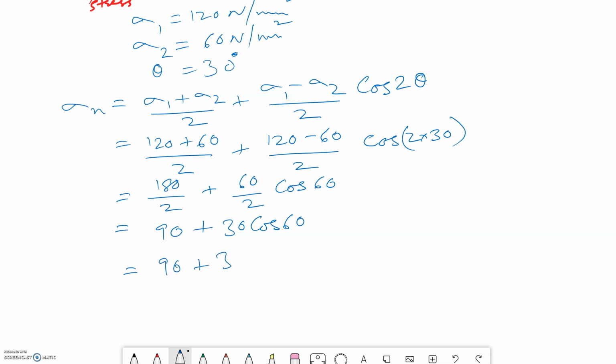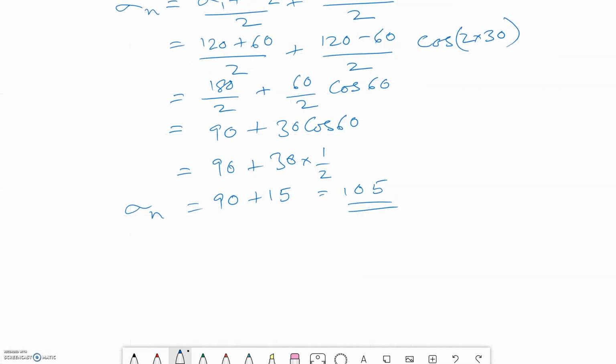Cos 60 is 1 by 2. So you get 90 plus 15, 105. This is sigma n, 105 Newton per mm squared.